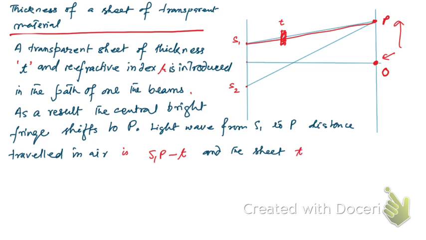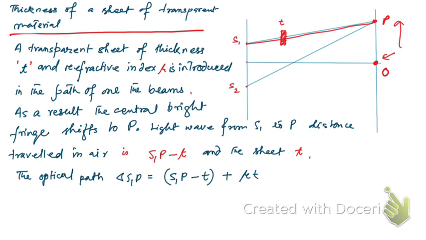Okay, so the optical path. Let me write delta for S1P is (S1P minus t) travelled in air, plus the optical path through the sheet, which is mu into t.